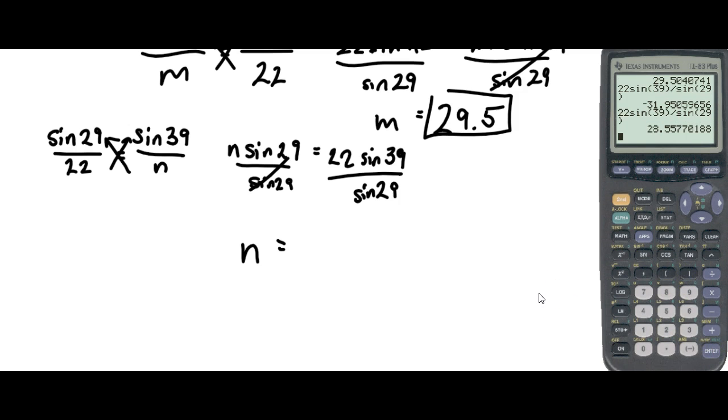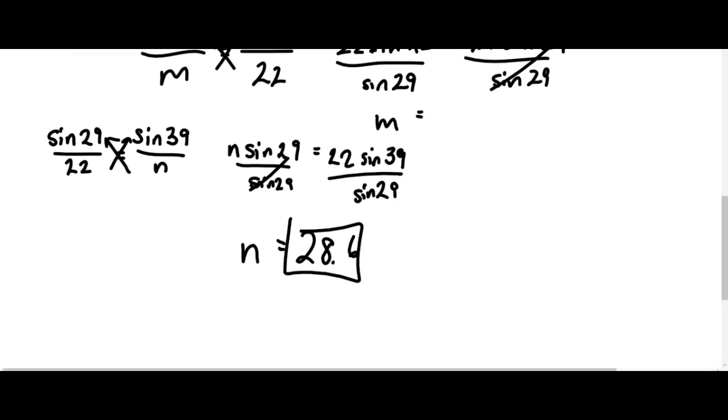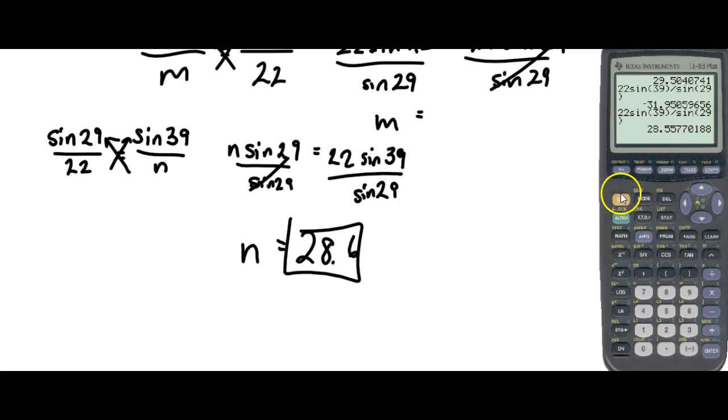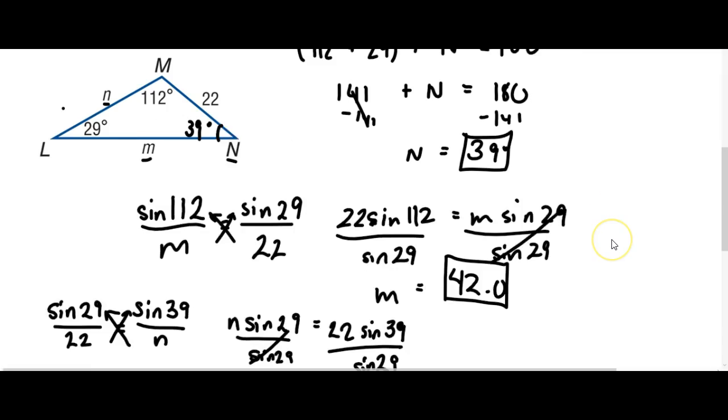The actual value should be 28.6, and I was actually in radians for the previous calculation, so let me undo that. Let's try that one more time as well. There we go. So 22 sine of 112 over sine of 29 is actually 42.0. And so that should be your answer, not the previous answer, which was in fact in radians.